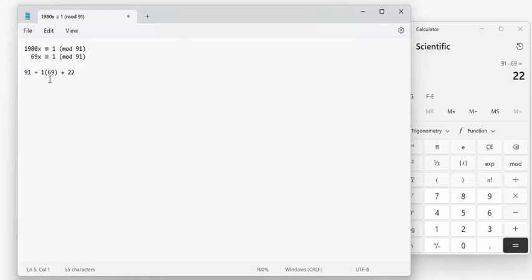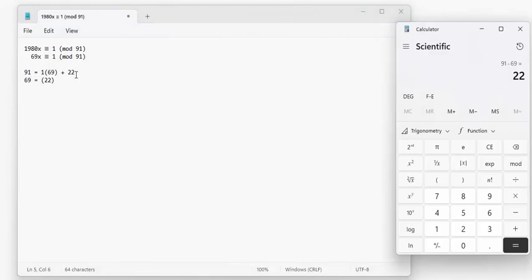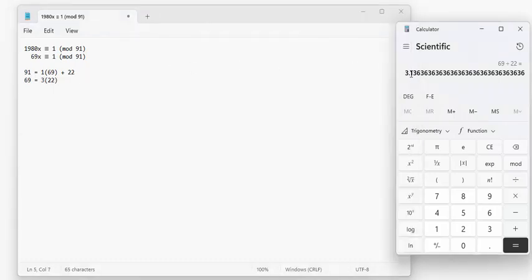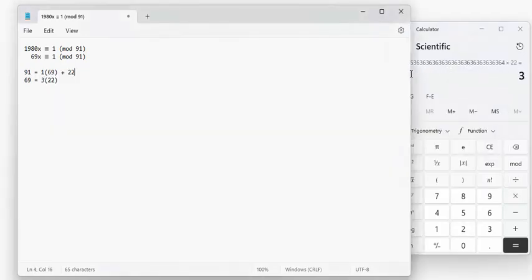Then again, Euclid's algorithm says that 69 can be decomposed into a multiple of 22, the remainder before, multiplied by 3. To get the remainder, we subtract 3 times 22 and we get 3. So we add 3. That is the remainder.